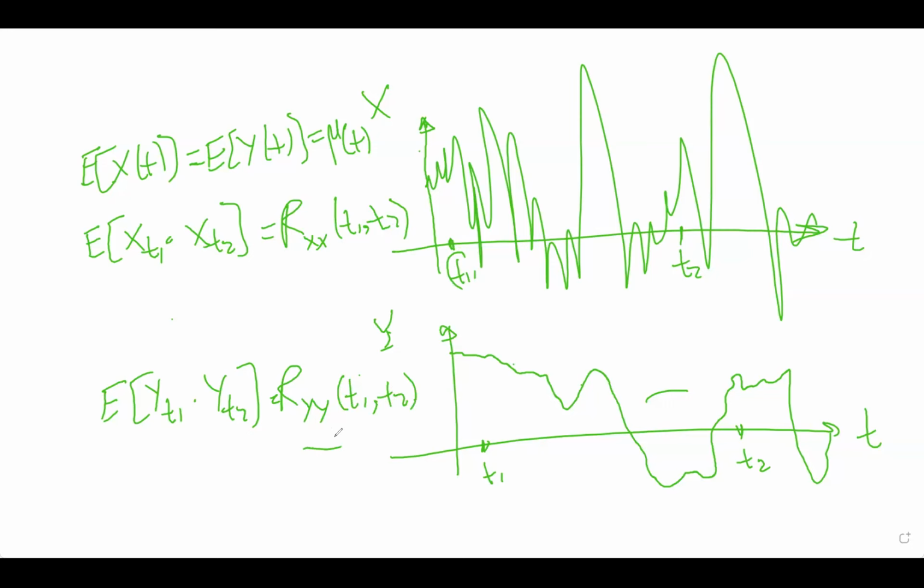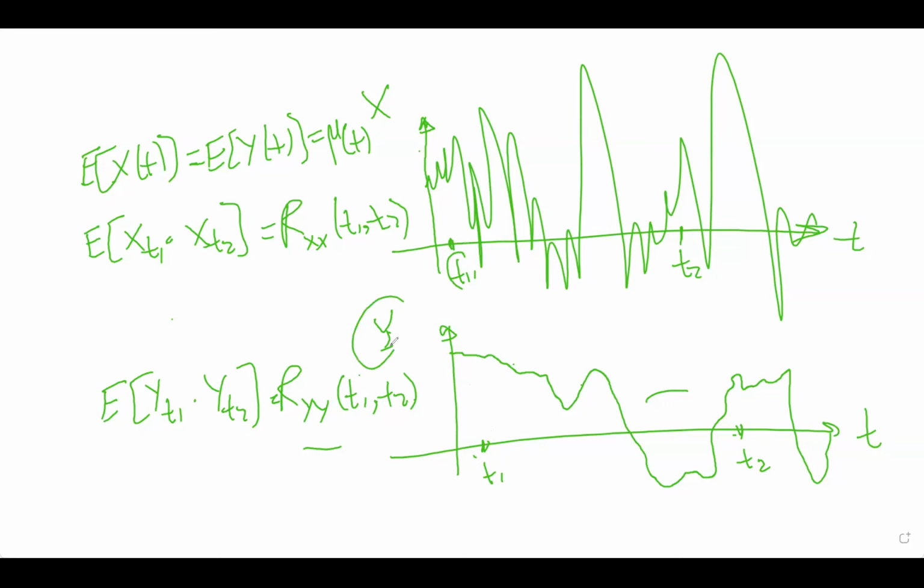Because the autocorrelation measures how much the signal at t1 and at t2 are related. In the y case, the change is slow, so the relation between the signal at t1 and t2 will be higher than the relation in the very fast and random changes between t1 and t2.